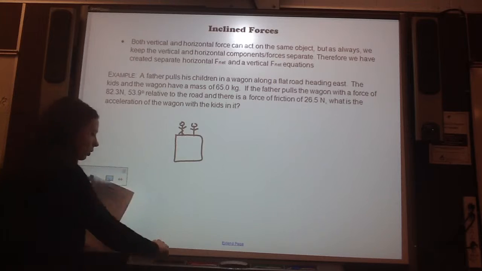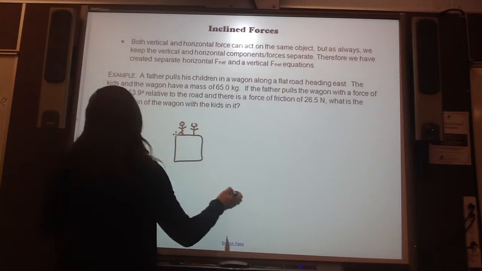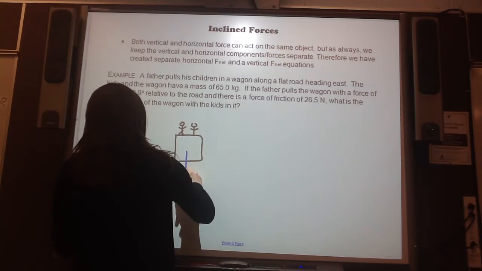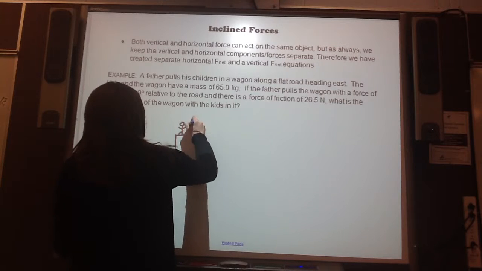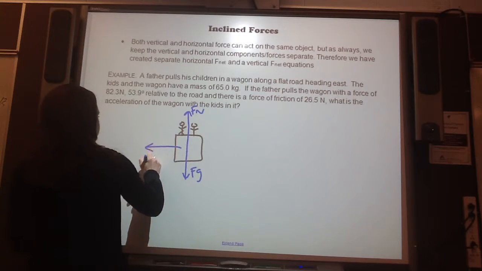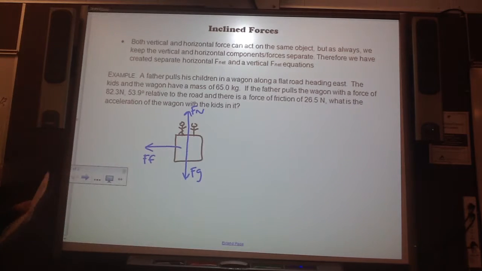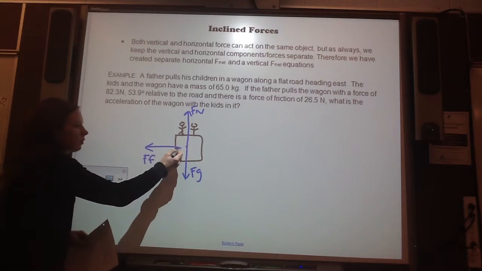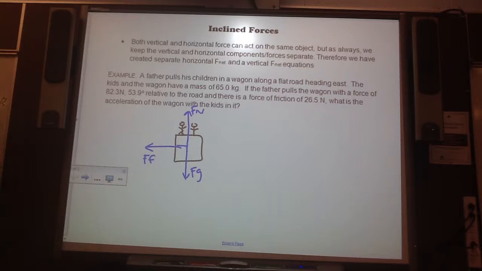Now we have our FG going down just as normal. Our FN goes up. Our FF is still a horizontal vector, because it's what would be slowing the cart down.